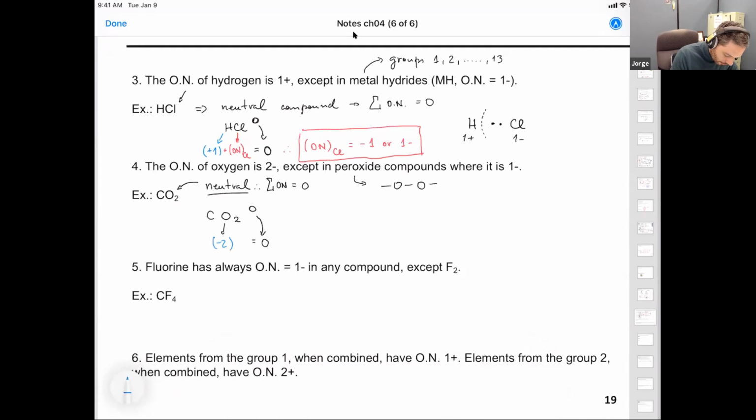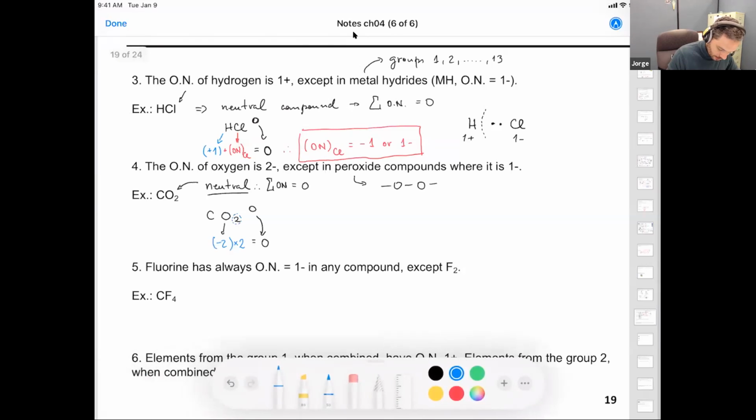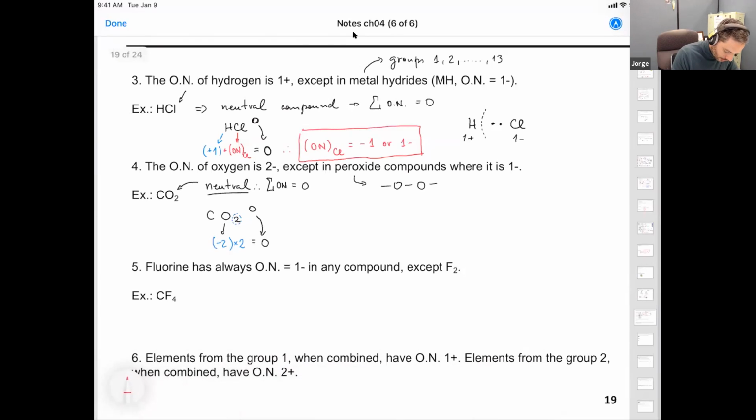Here, pay attention to one thing. Because we have 2 atoms of oxygen in the structure, we have to multiply by 2, because the oxidation number for each oxygen is 2 minus. If you have 2, as indicated by the index here, you must multiply the oxidation number by 2. Our goal here is to determine the oxidation number for carbon.